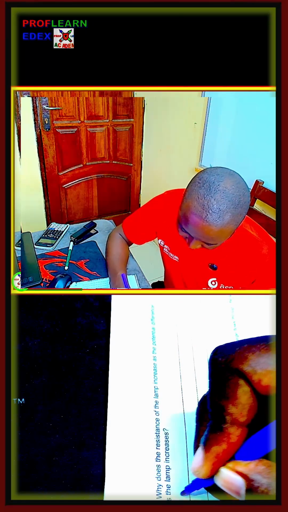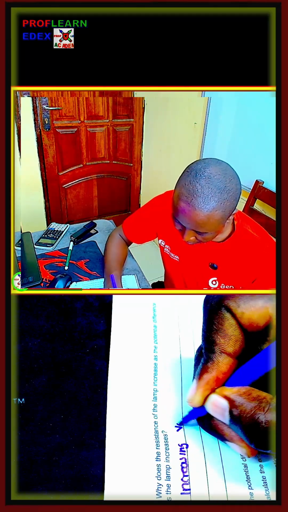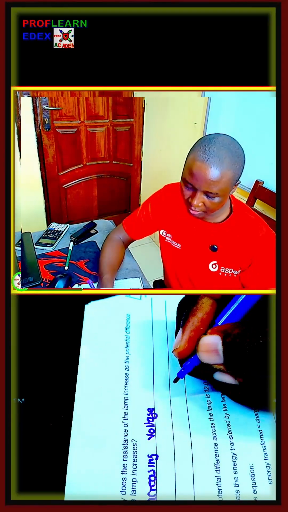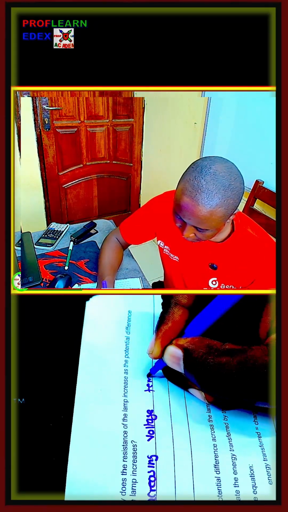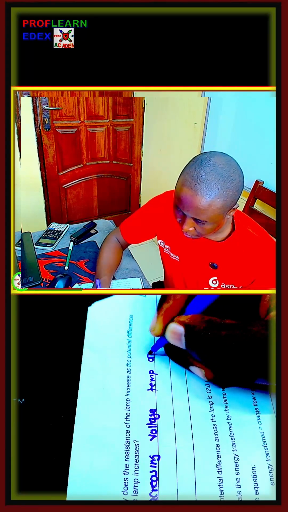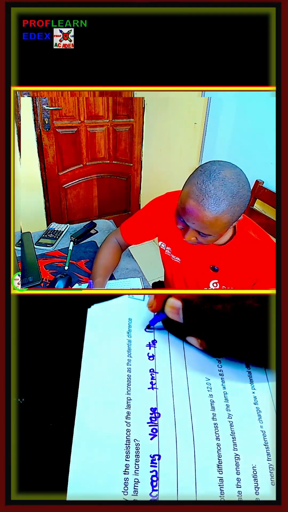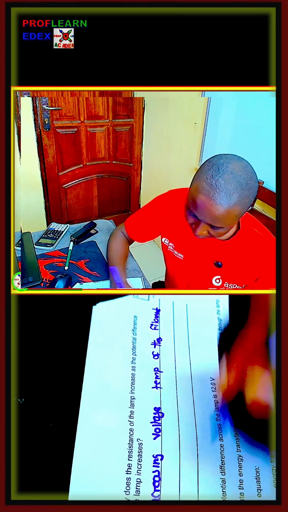So we're going to say that increasing voltage, the temperature of the wire, or of the filament lamp, we can say filament, increases.